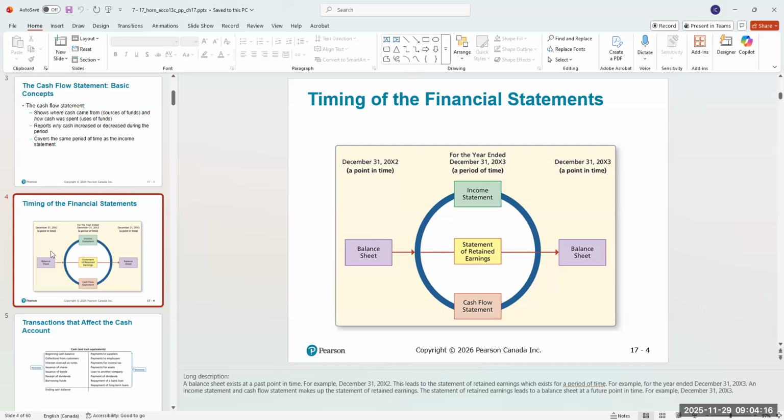So once we see the beginning balance and ending balance, there will be differences. The income statement explains the differences related to the operating activity in terms of revenue, expenses, net income. The statement of retained earnings shows what changes have happened to the owner's capital, and the cash flow statement explains what happened with the cash and cash only.